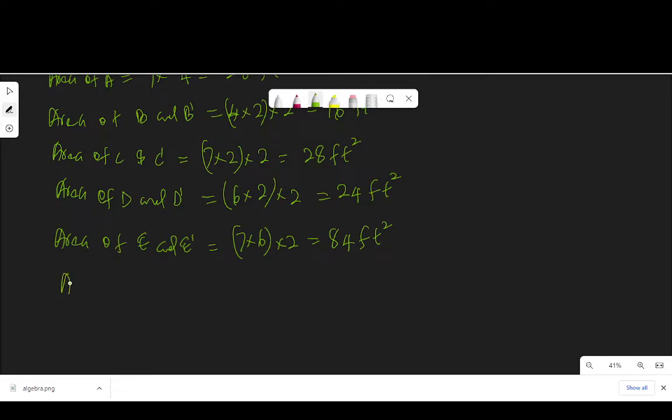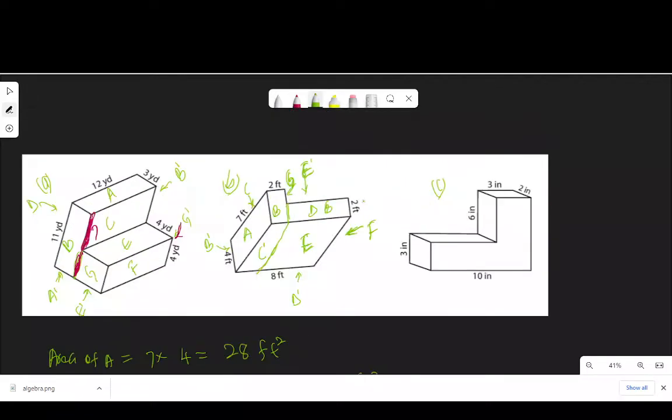Area of F, 7 times 2, which is 14 feet square. And lastly, area of G, this side right here. The length is 7. The width is 2. Look at it here.